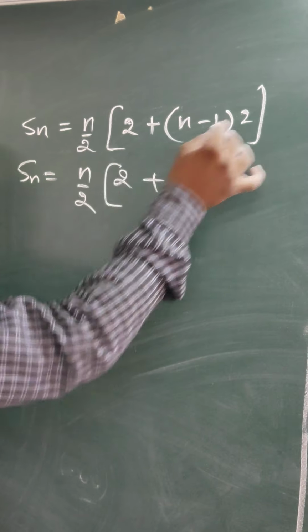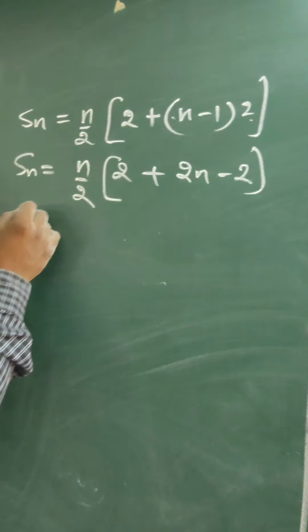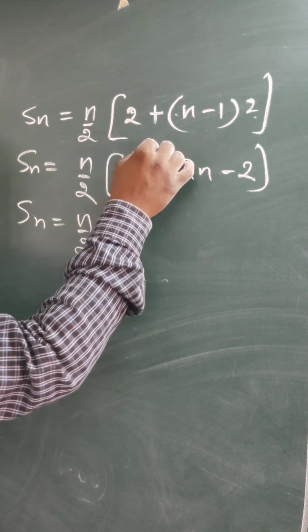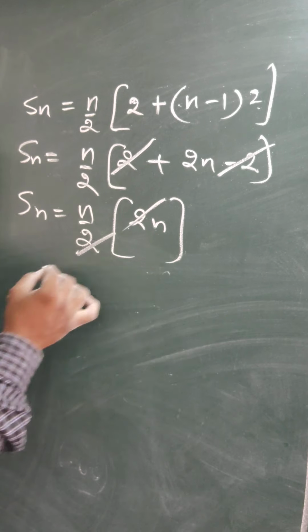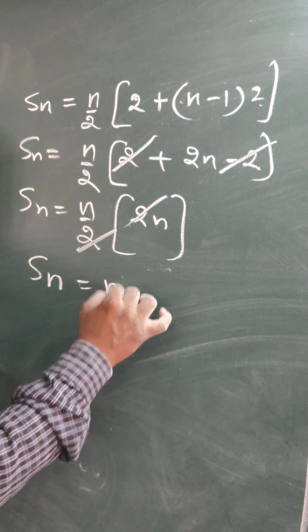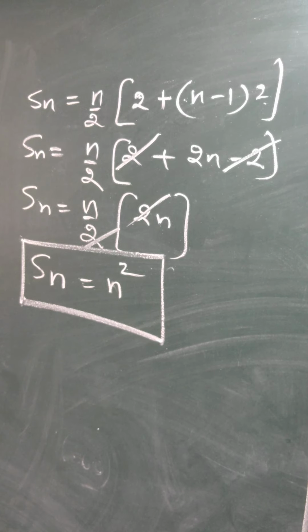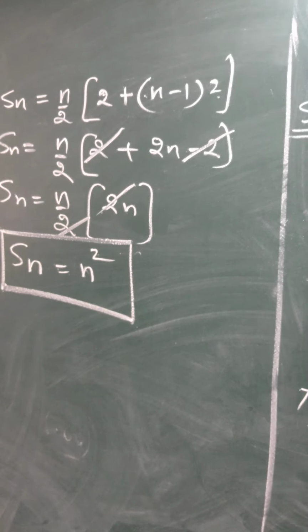So 2 plus, multiplying with the bracket, 2n minus 2. So Sn is equal to n by 2 into, minus 2 plus 2 get cancelled, so the only remaining is 2n. So n gets cancelled, so Sn is equal to n square. So the sum of n terms is n square.